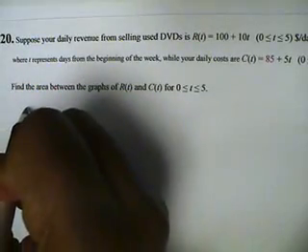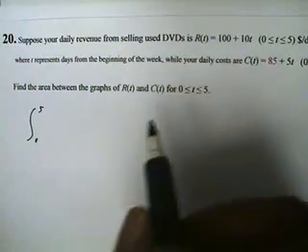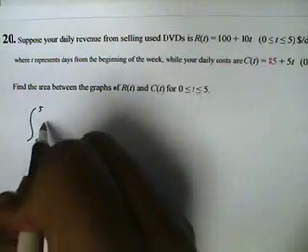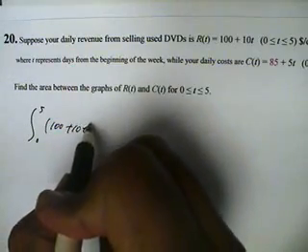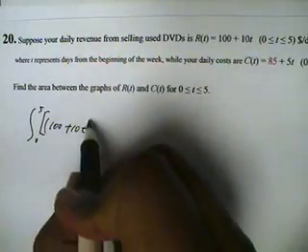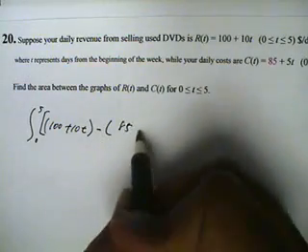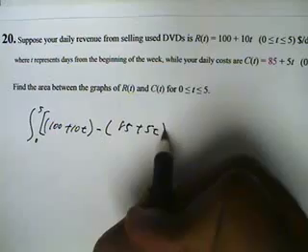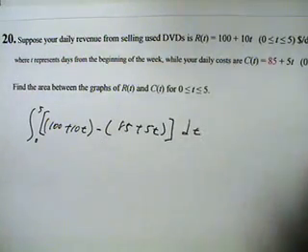So to find the area, we'll go from 0 to 5, and the revenue function, which is 100 plus 10t, put a big bracket on this, minus the cost function, which is 85 plus 5t, close that big bracket, with respect to t.